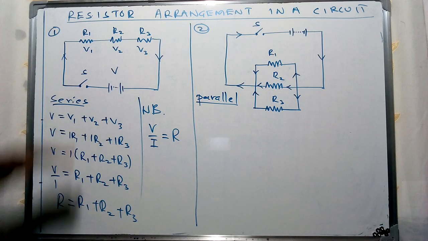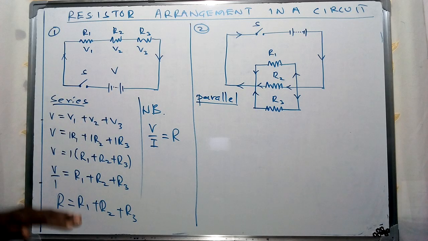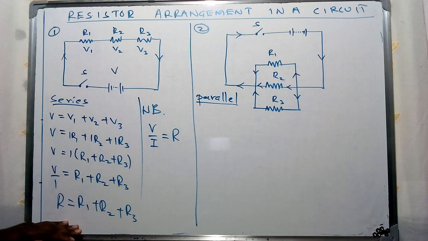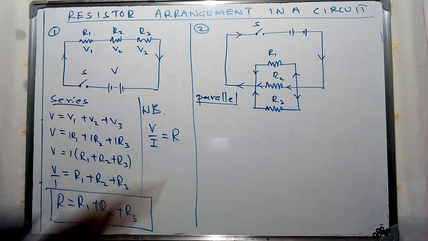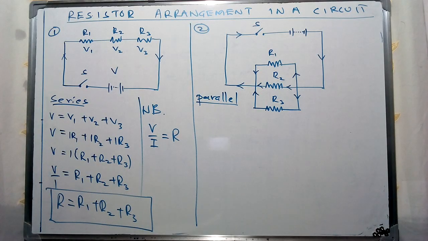So the total resistance realized from this series arrangement of resistors is given by R equivalent to R1 plus R2 plus R3.